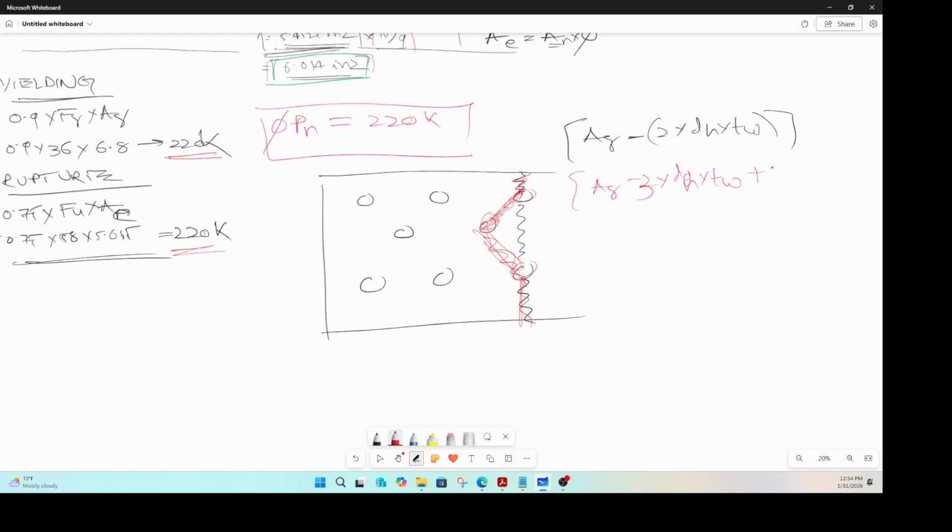But you come back and add s1 squared by 4g1, and then another s2 squared by 4g2, times the thickness. That's how you compute net area for oblique paths, and then pick the minimum between this and that, and then start doing your regular computations that we talked about extensively in our previous session.